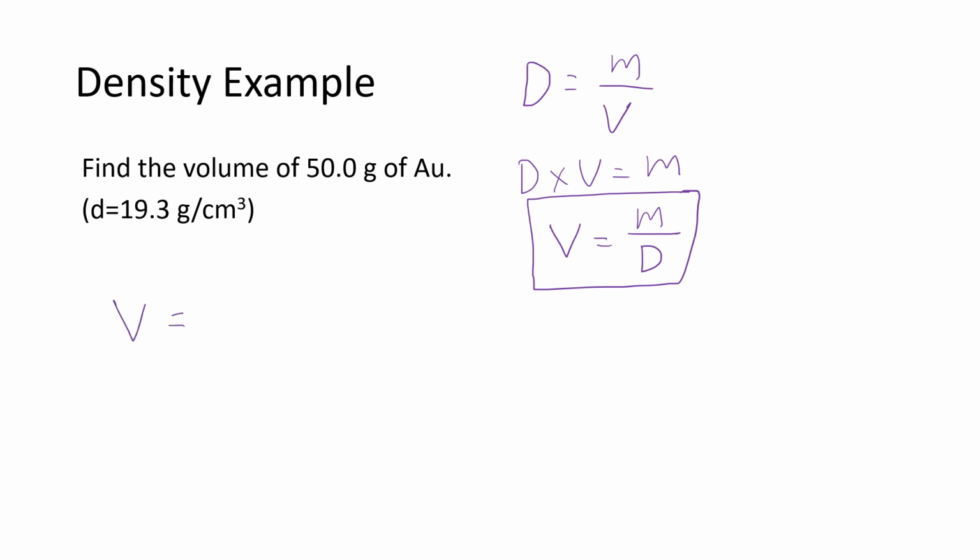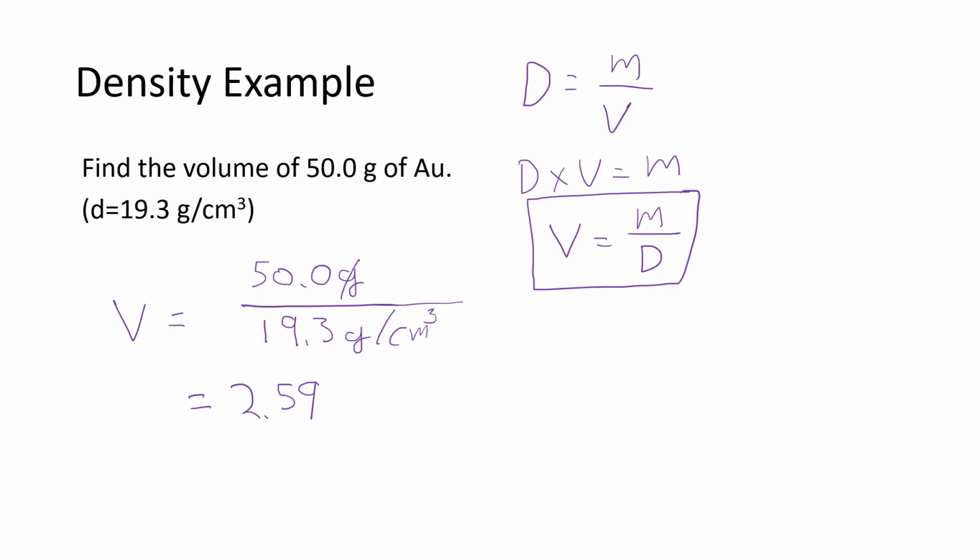Volume is equal to 50.0 grams divided by 19.3 grams per cubic centimeter. And if you crank that through your calculator, 50 divided by 19.3, let's see, my calculator is saying 2.59.